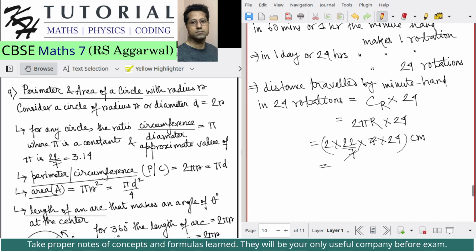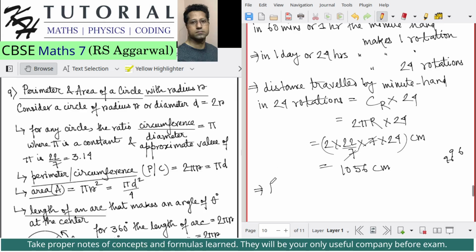This is equal to 44 multiplied by 24, which is 1056 centimeter, the distance traveled by the minute hand in one day.